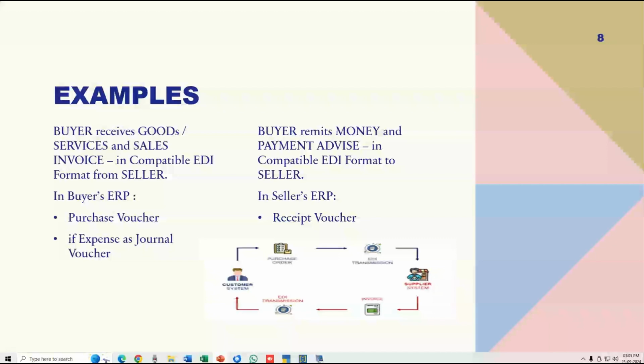Similarly, in the second scenario, the buyer remits money and hitherto a payment advice was sent in paper format or by mail in closed formats. Now a payment advice in compatible EDI format goes to the seller. In the seller's ERP, a receipt voucher is generated as per accounting principles.